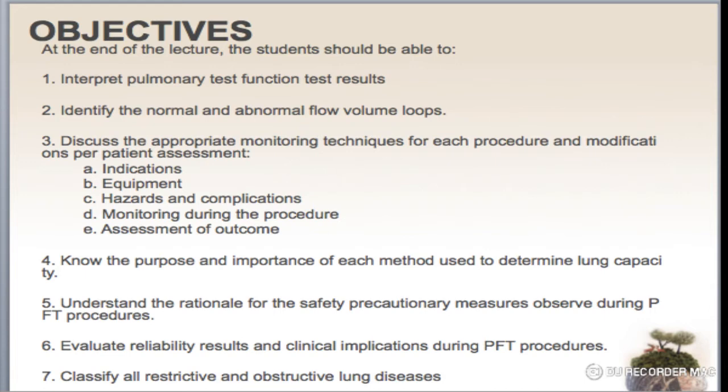We are also going to learn the purpose and importance of each method used to determine lung capacity, understand the rationale of the safety precautionary measures observed during pulmonary function test procedures, evaluate reliability of results and clinical implication during the PFT procedures, and classify all restrictive and obstructive lung disease.